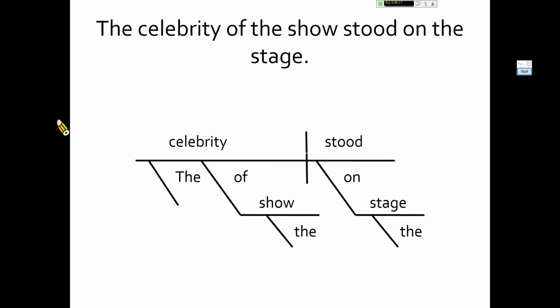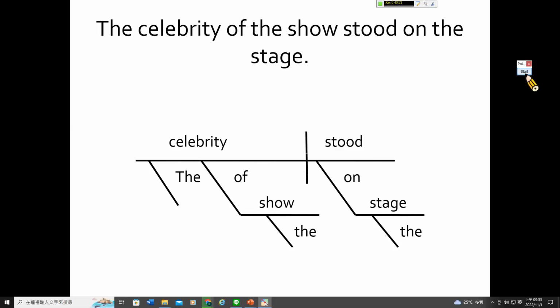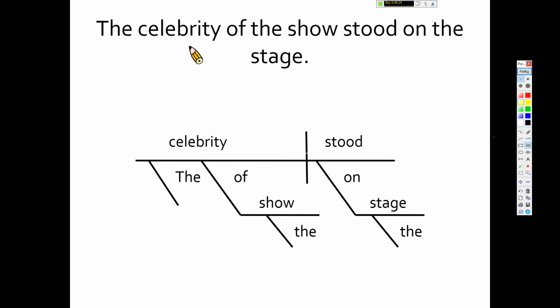Let's see this one. For me, I could quickly understand that celebrity is the subject, and stood is the past tense of stand. Of course, it is an intransitive verb. So basically, we have the structure of the sentence, right?